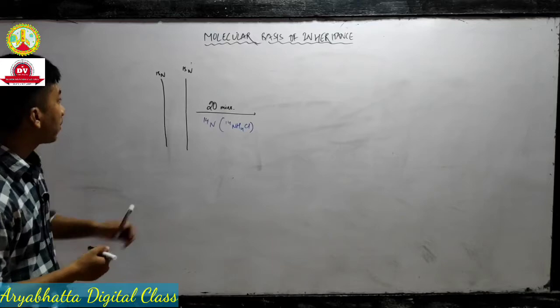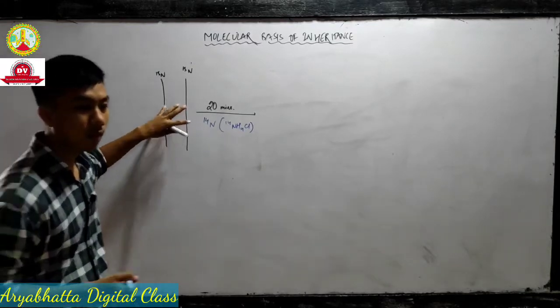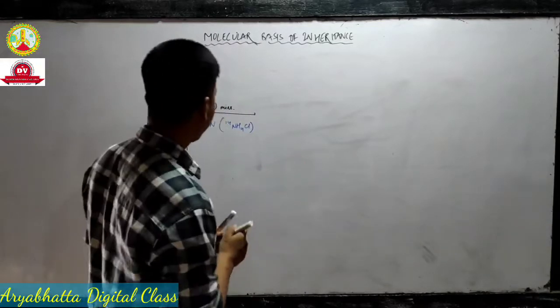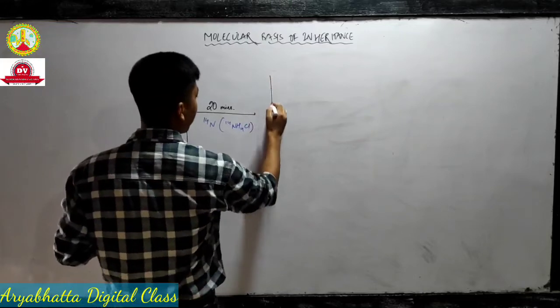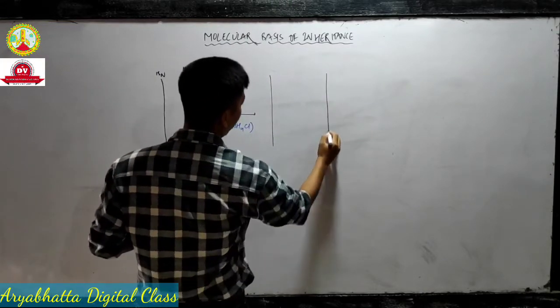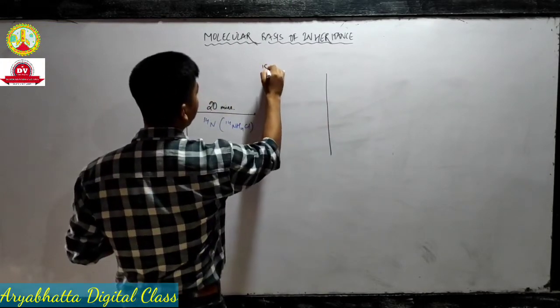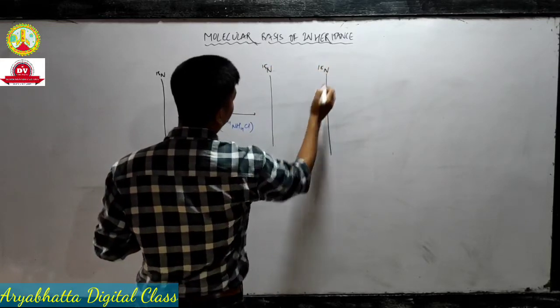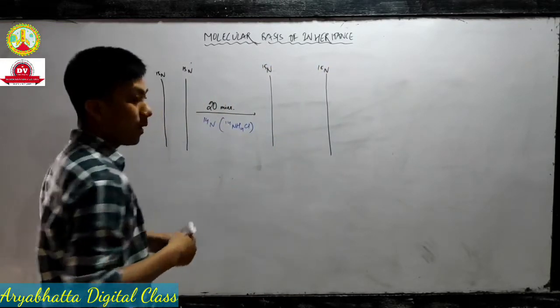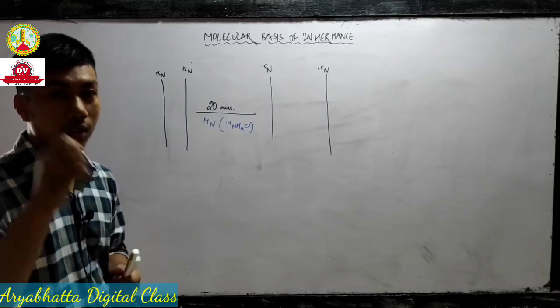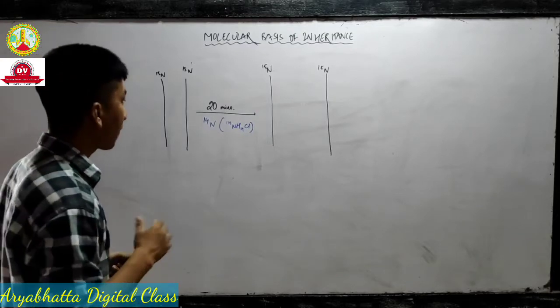Now what they found out is that these two strands of DNA of bacteria containing N15 got separated from each other, and they synthesized new DNA.